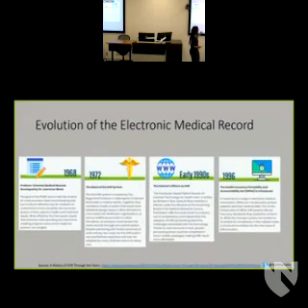And over many years, you could see the dawn and the progression of the electronic medical record, which then led to thinking about HIPAA: how do we share this information, what can we share, and how is it safe to share?